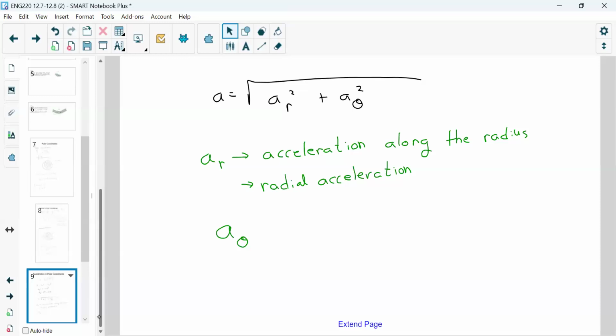A sub theta is then the acceleration of the angle change. So this is how fast it's rotating through the circle.